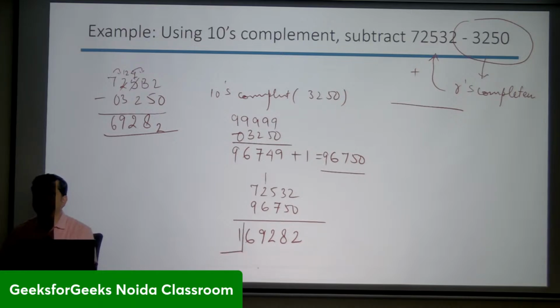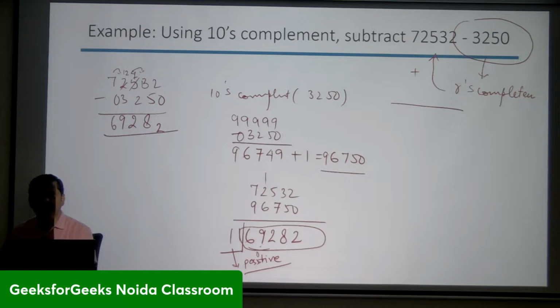Okay, in r's complement operation, if there is a carry, then your result is going to be positive. Okay, ignore the carry and mark as result is positive. Okay, and whatever is the outcome is your result.